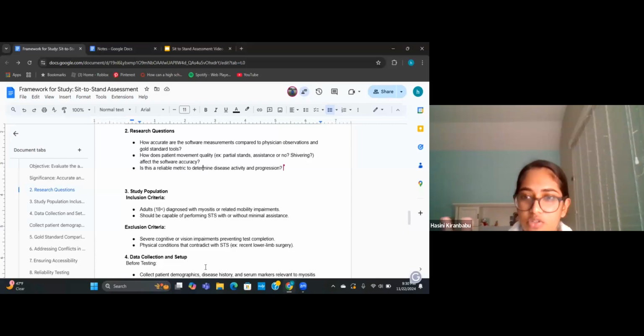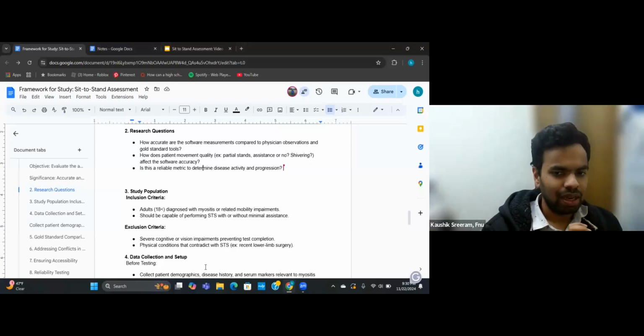As I said, if someone had a surgery or something, someone who just has a condition that affects their movement. Okay. Got it.